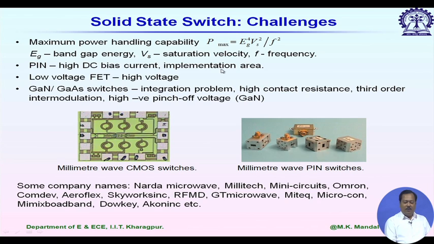Now, if we use PIN diode, although in the previous chart we have seen that PIN diode is providing minimum insertion loss and maximum isolation even at 100 gigahertz and beyond, the main problem with PIN diode is the biasing current.